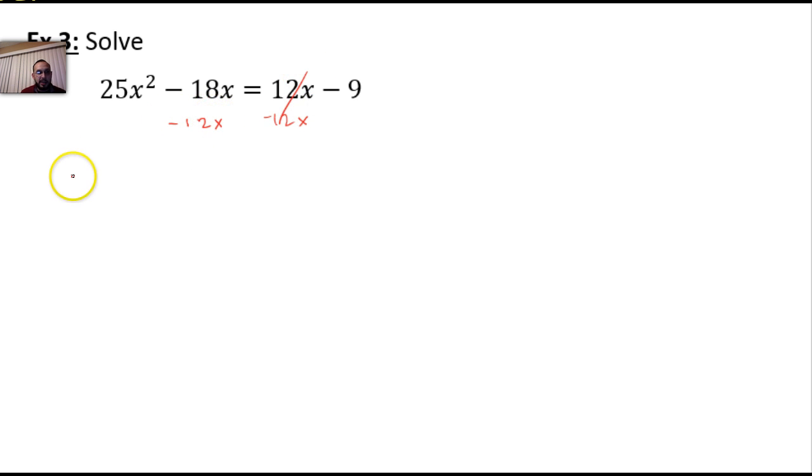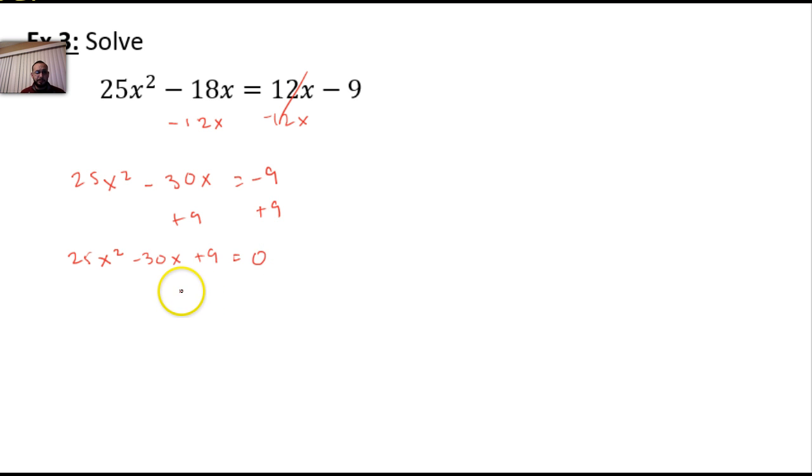This goes away. I get 25 x squared minus 30 x is equal to negative 9. I'm going to add 9 to both sides. Add 9 to both sides. I'm going to get 25x squared minus 30x plus 9 is equal to 0.